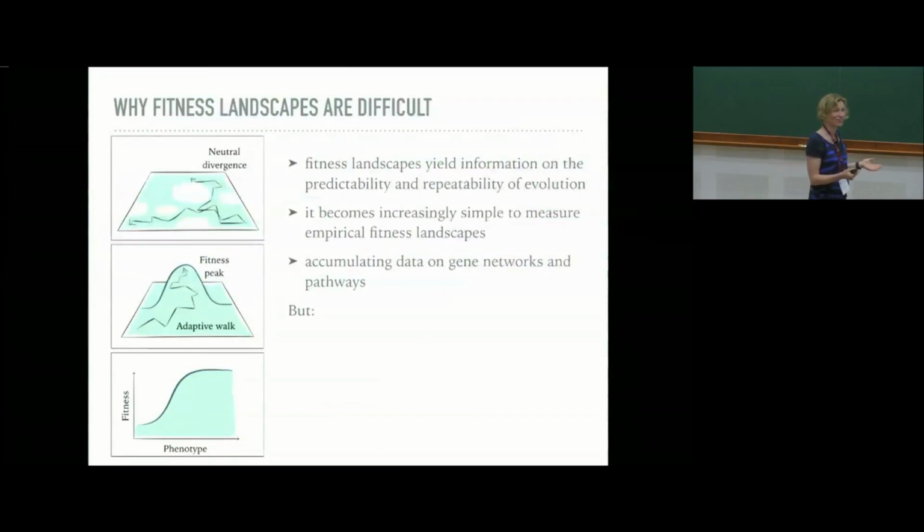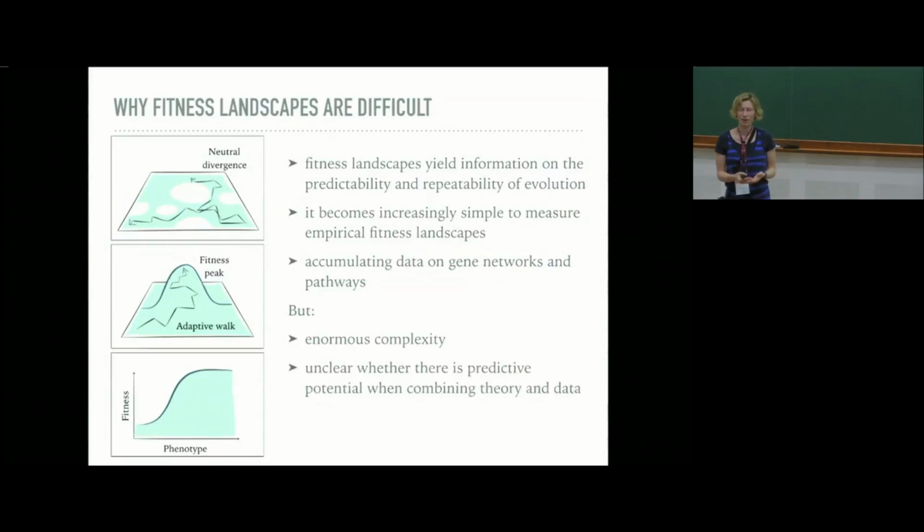However, we still have a lot of problems with these fitness landscapes. Because the problem is, firstly, they are enormously complex, right? When you look at Wright's fitness landscape, it's just this topographic map. So you think you can just fold it up and take your path, but that's not really true for a genotype fitness landscape that has actual genotypes on it, right? It's a multidimensional hypercube.